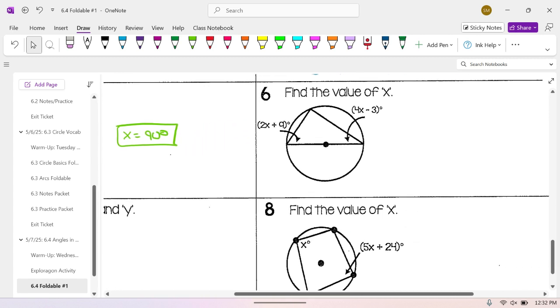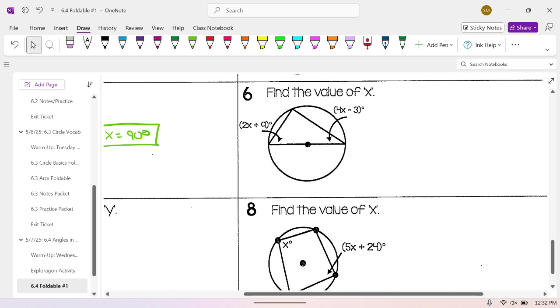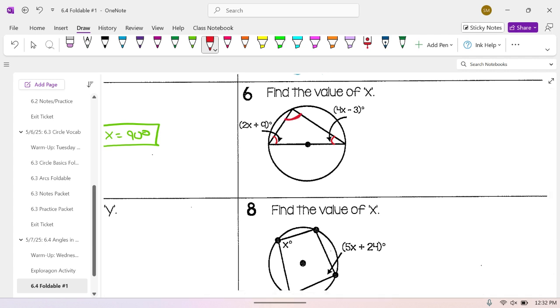All right, now, I need to find the value of x. We are given two different angle measure expressions, here and here. What's special about this angle right here? It's 90 degrees. Because its intercepted arc is right here, and that's 180 degrees. Now, what do all three of those angles form?